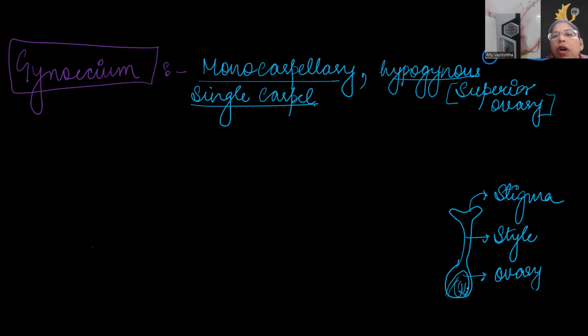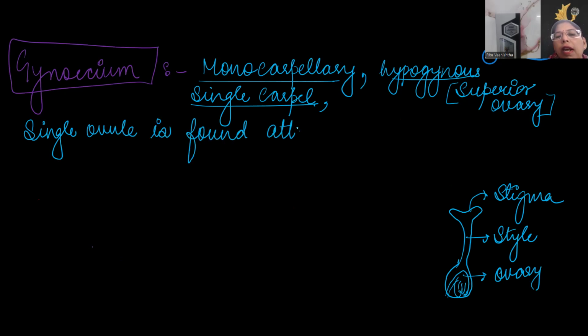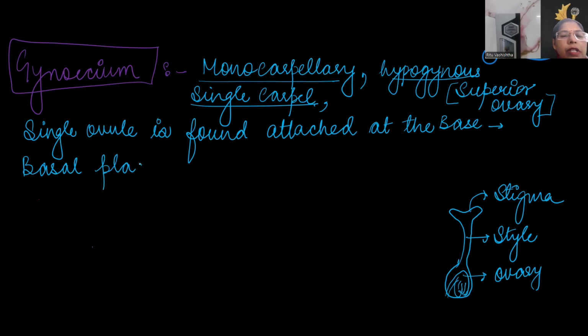Okay, so monocarpellary, hypogynous, single ovule is found attached at the base. So this sort of placentation is known as basal placentation, in which the single ovule is attached.